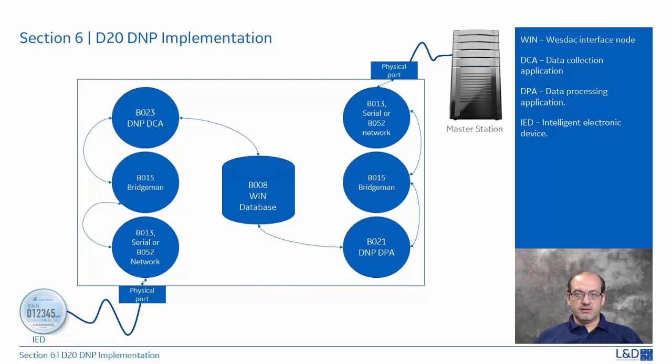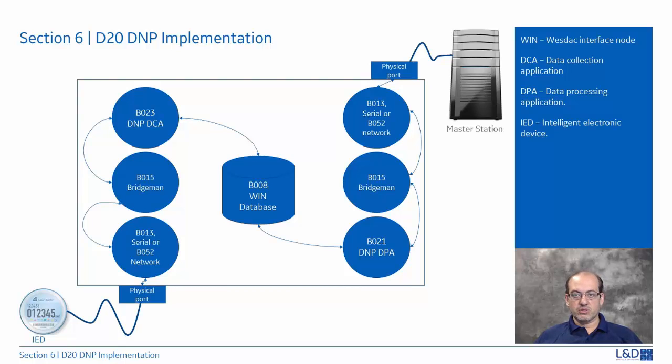The information will then travel to the application that is requesting the information, which is B021, or DNP data processing application. The DNP data processing application layer will format the message and send it to the data link layer, Bridgeman B015, which would check the integrity of the message, check where the message needs to go, and format the message, and forward it to the physical application layer, which is B013.